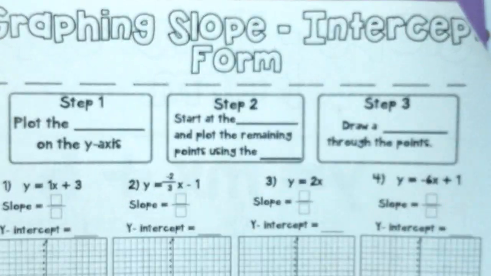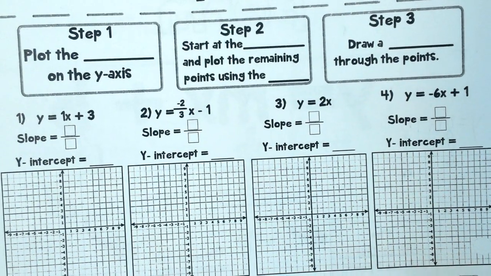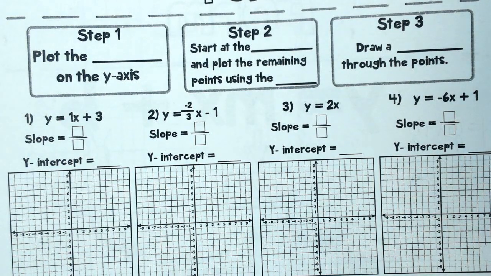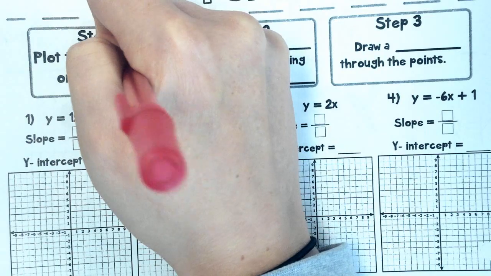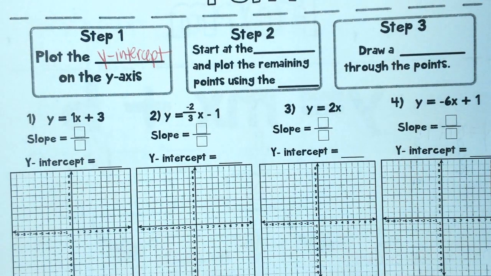So now we are graphing with slope-intercept form. They'll give us the equation and we have to graph that line. The very first thing you're going to do is plot the y-intercept on the y-axis.